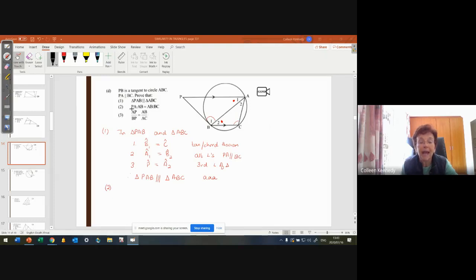Now, this means, in part 2, PA over AB must equal AB over BC. Well, if you've got your order right, can we just use loops? Will PA over AB, working from one triangle, equal AB over BC? Will PA over AB, those two sides, be in the same proportion as AB in the same position over BC?